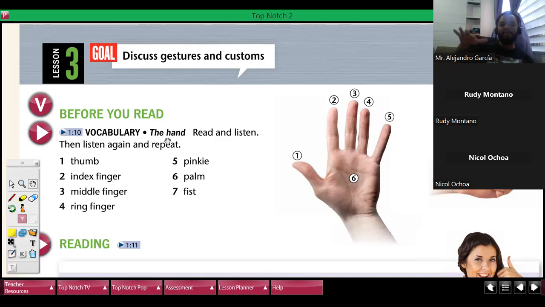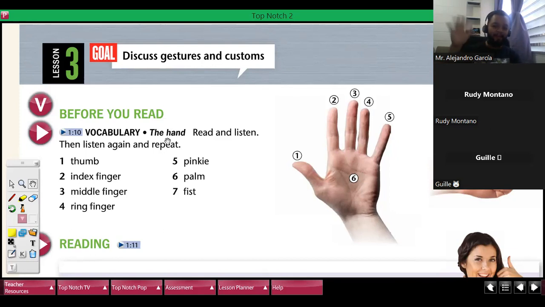What is this? We have many gestures that you can do with your hand.